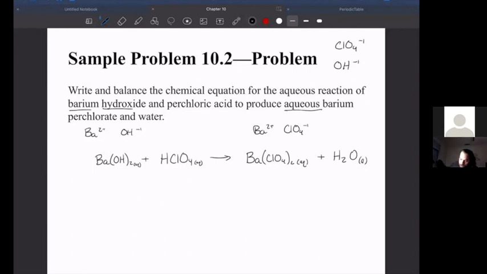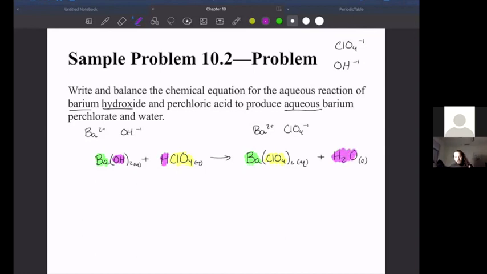First thing I'm going to do is go through and sort of identify what's what here. So barium appears on both sides. Again, my polyatomic ion, the perchlorate, I'm not going to break it up. I'm going to treat it as one unit. That's on both sides. And this one's a little bit tricky in that it's not quite as obvious where the hydrogen went and such, because this hydroxide and this hydrogen are going to combine to form water.